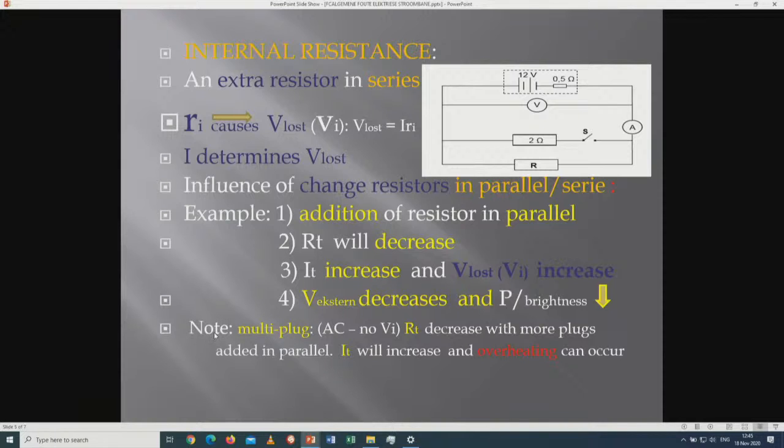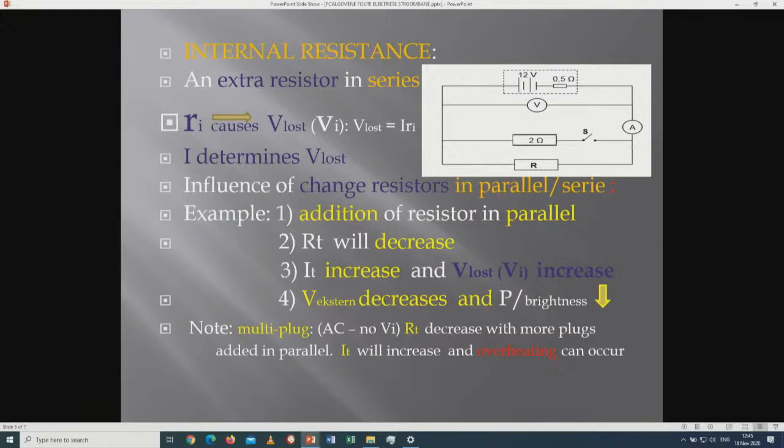There were questions in the September 2019 question paper about a multiplug, and you know we use multiplugs very often in our houses. Now you must remember that the multiplug in your house works with alternating current. So there's no internal resistance present in alternating current.